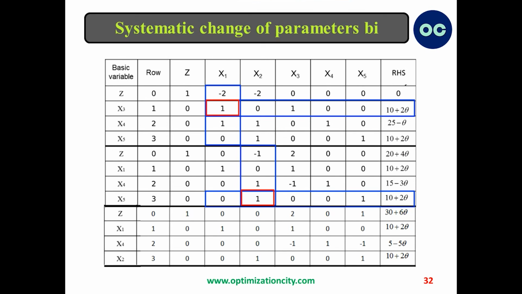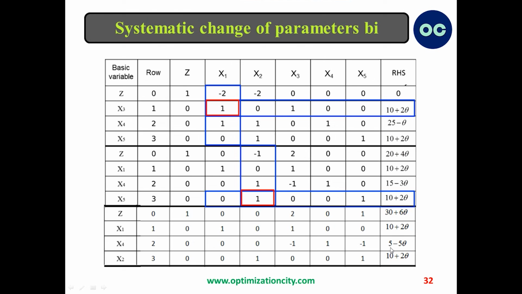Based on the value of theta, we obtain the optimal solution for the given model as presented in this table. So you can see that this is the optimal table. For theta between 0 and 1, the last table would be optimal because the right-hand side would be positive.